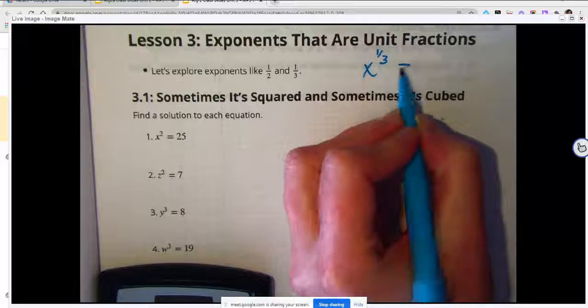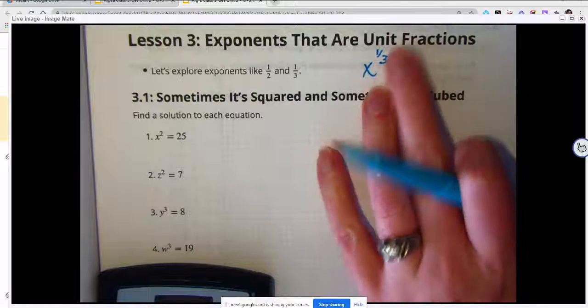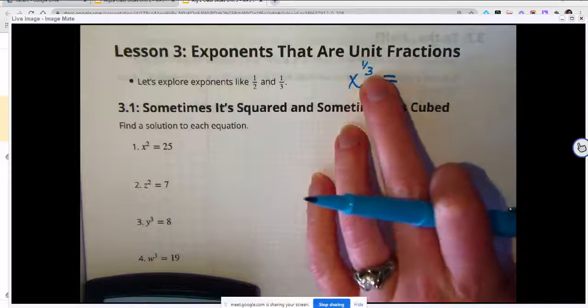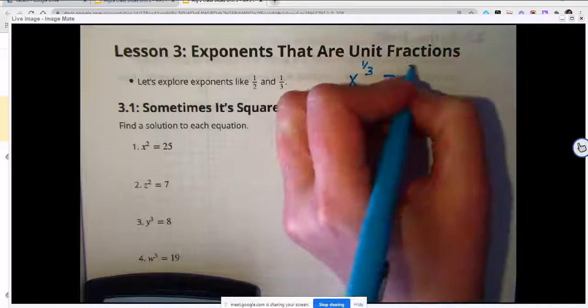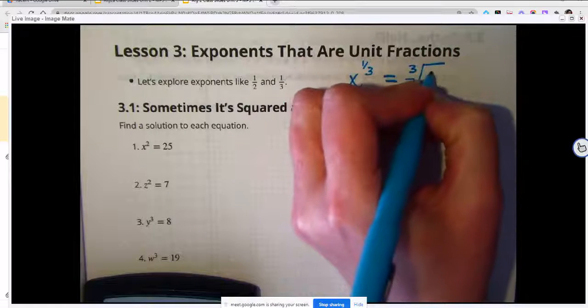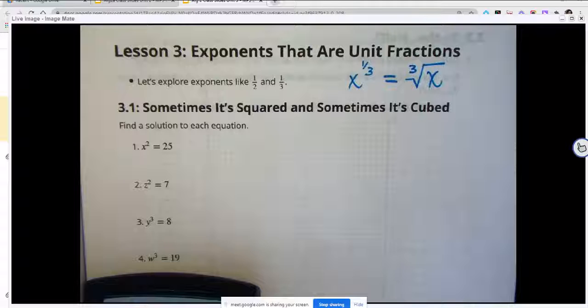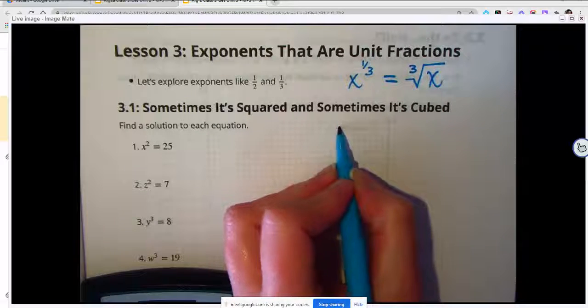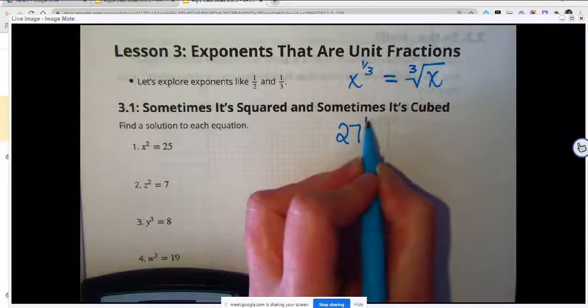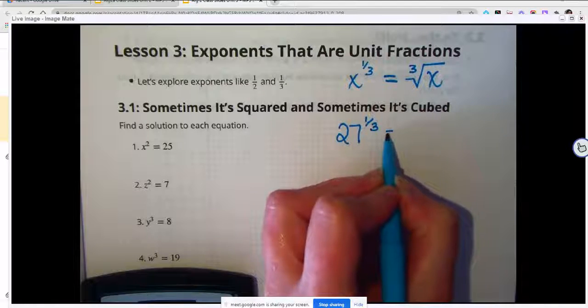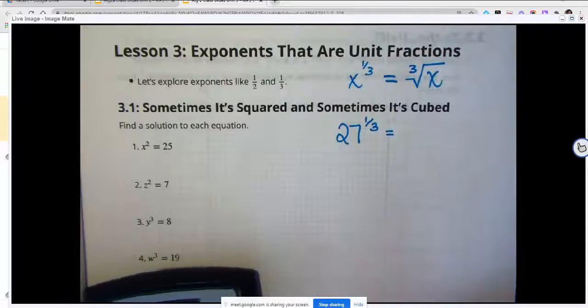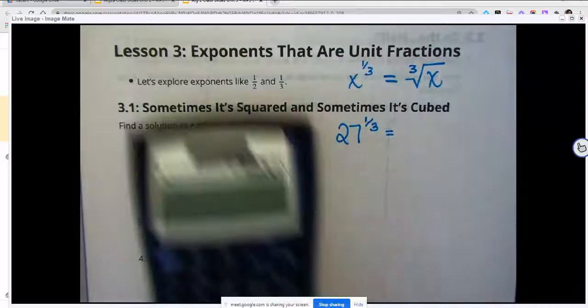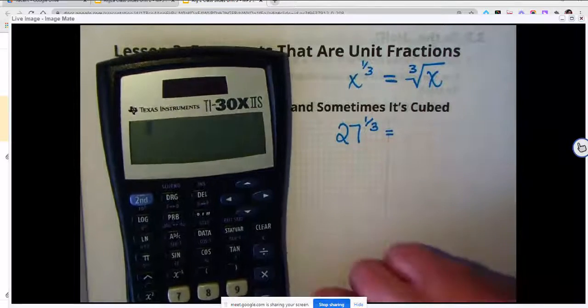That is our big idea, and we can actually even just start writing those rules up here, that taking something to the 1/3 power is going to be the same as finding that cube root of that thing. So 27 to the 1/3 power. My calculator will let me enter it in that way, 27.